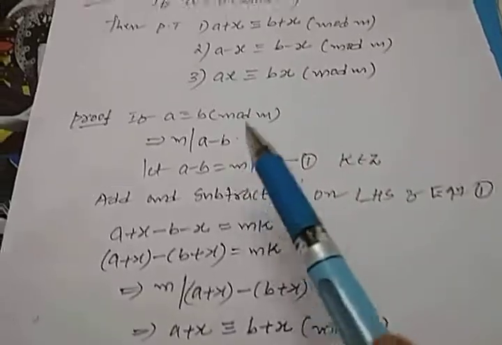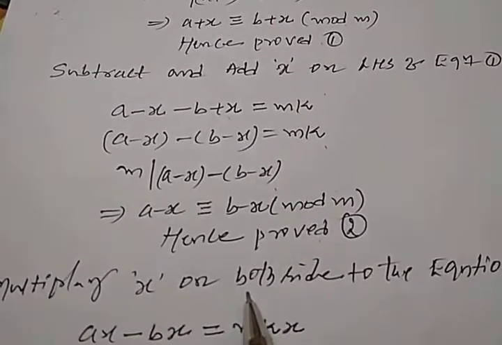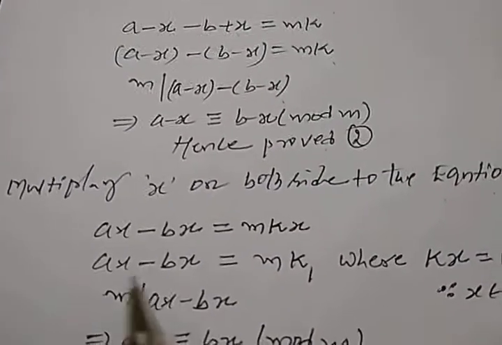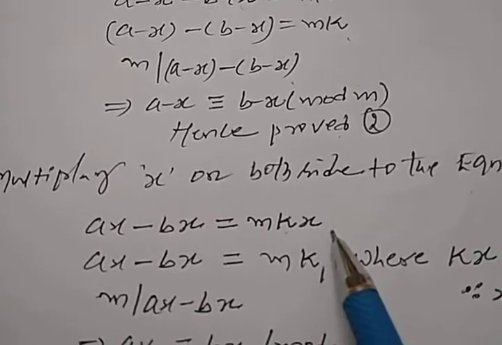The third one is AX is congruent to BX mod M. For this, I am going to multiply X on both sides of equation 1. Now equation 1 is A minus B is equal to MK. I am going to multiply X on both sides. You will get AX minus BX is equal to MKX.